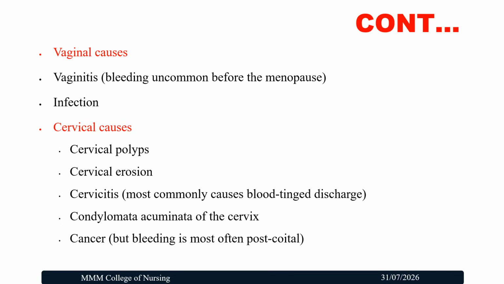The vaginal causes are vaginitis, infection; bleeding is uncommon before the menopause. Cervical causes are cervical polyps, cervical erosion, cervicitis, condylomata acuminata of the cervix, cancer, but bleeding is most often postcoital.